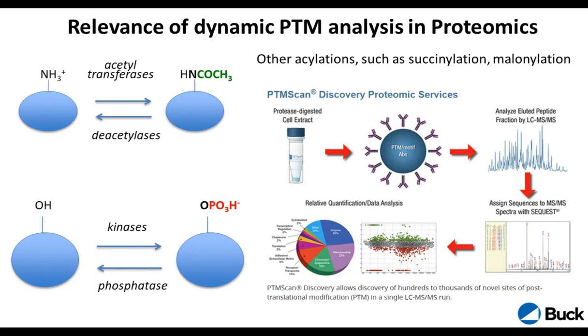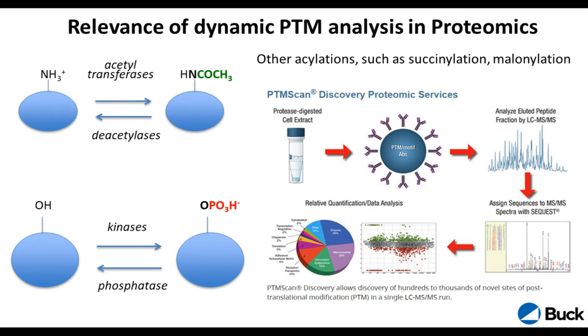So we have in particular a lot of projects that are dealing with acylation, and that may be acetylation or succinylation or malonylation. And what is interesting is that there are acetyltransferases that add the acyl group onto a protein, and then there are also deacetylases that can remove it again enzymatically.